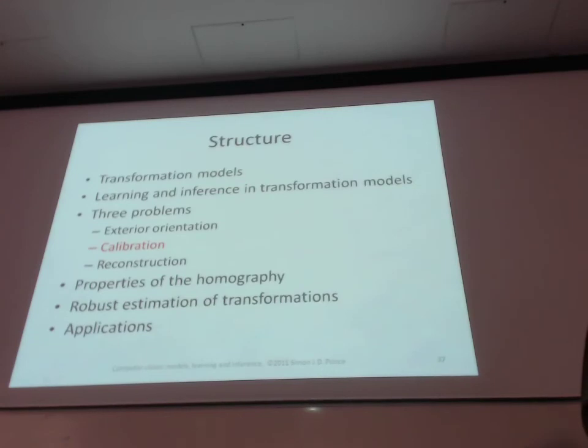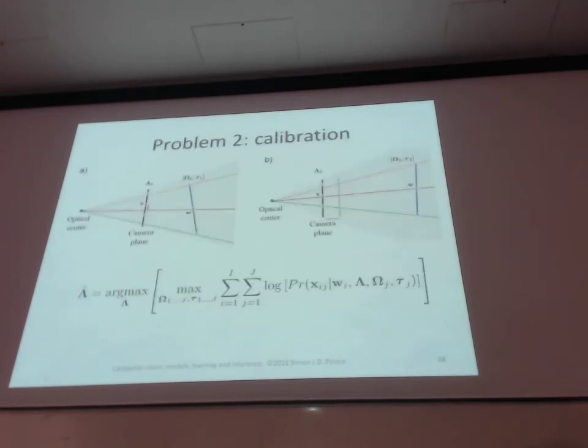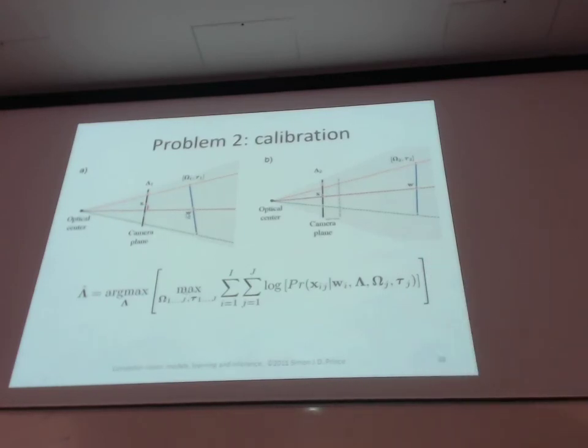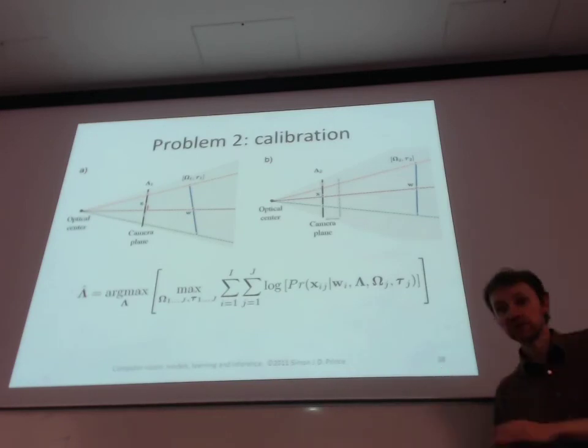So, calibration, we're going to breeze through this because you've already basically seen this. We have an unknown focal length. We don't know big lambda, but we have a world plane and we have a camera plane. And we said yesterday that what we'll do is alternate between fixing the big lambda and fixing the extrinsics.